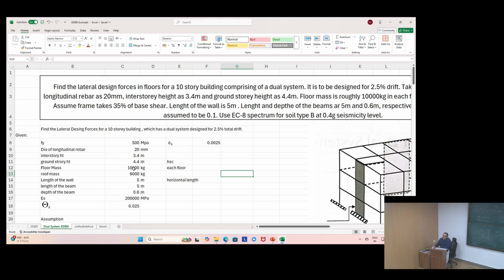Your floor mass is 10,000 kilos. Roof mass is 6,000 kilos. Length of the wall is 5 meters. Length of the beam is 5 meters. And depth of the beam is 600 millimeters.